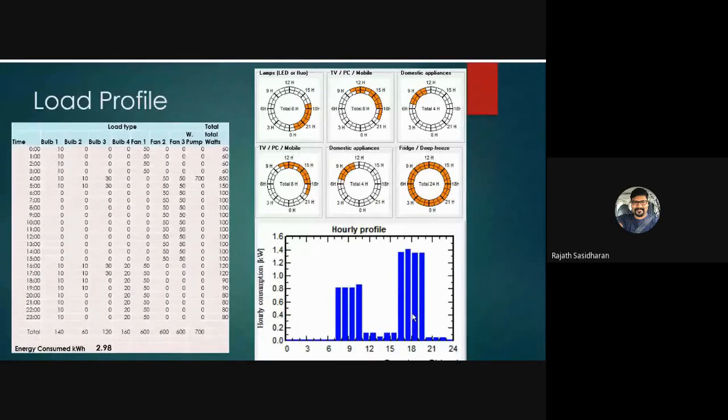Why this is important is because the MPPT charge controller, the inverter and the battery, everything is in parallel in a standalone system, right? So during daytime, the MPPT will increase the terminal voltage of the battery, and that same voltage is used by the battery inverter during daytime.